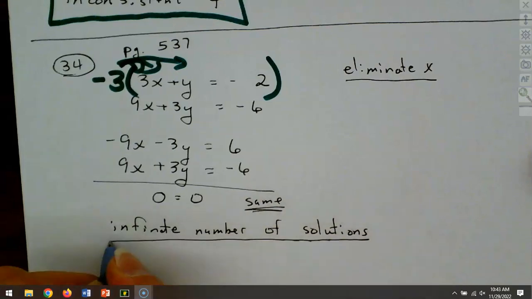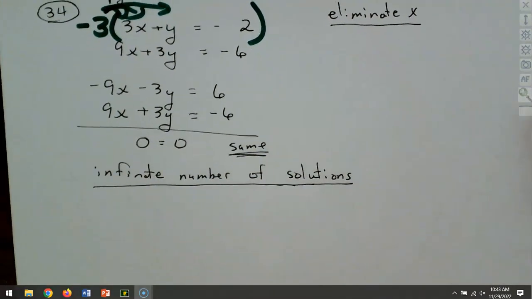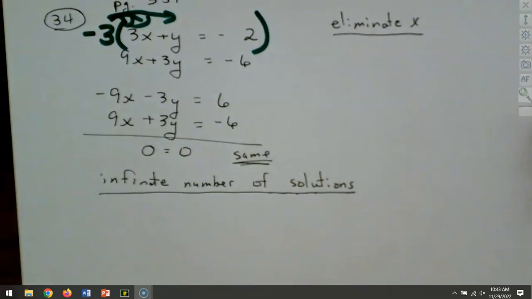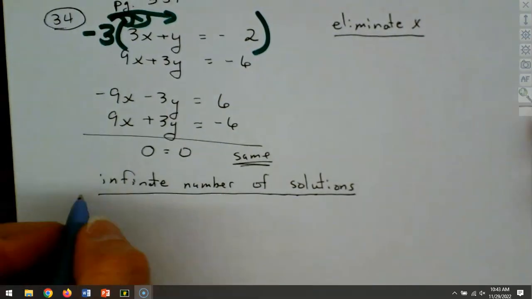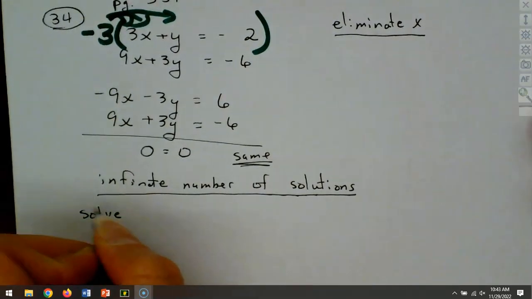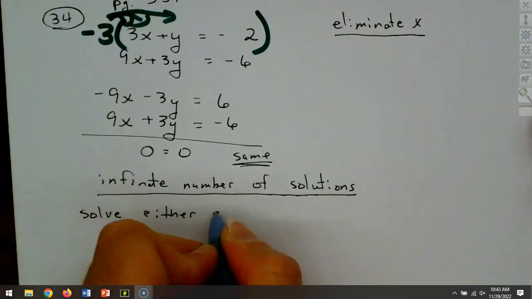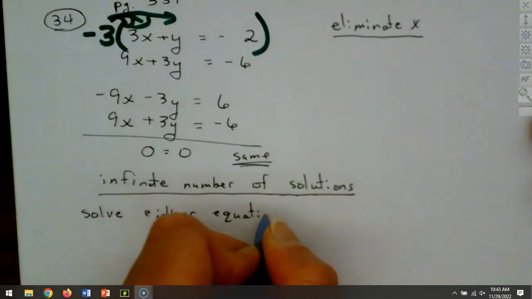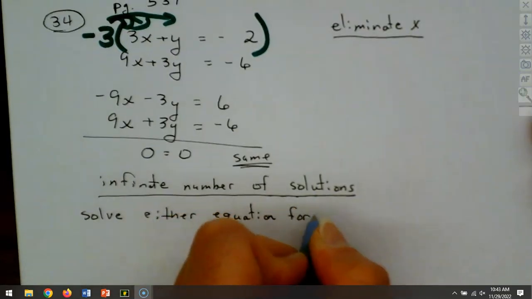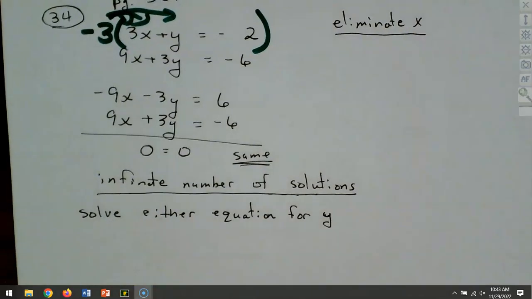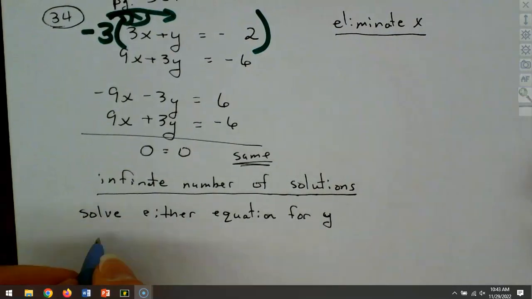How we write our final answer is we take one of the equations and solve it for y. It doesn't matter which one. So we take one of these equations and we solve it for y, just like we've done before.